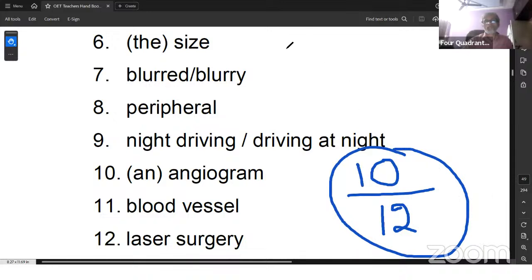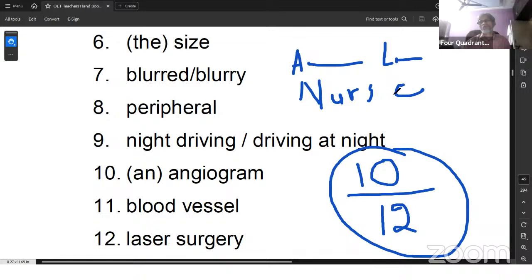Then write here your name. For example, Abraham Lincoln. Write your first name and second name. Then write your profession, nurse or doctor, whatever it is. Next, write the date. What is the date today?